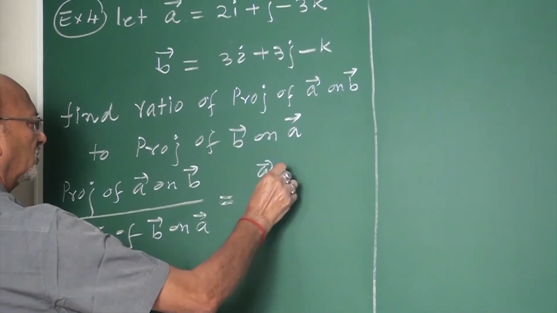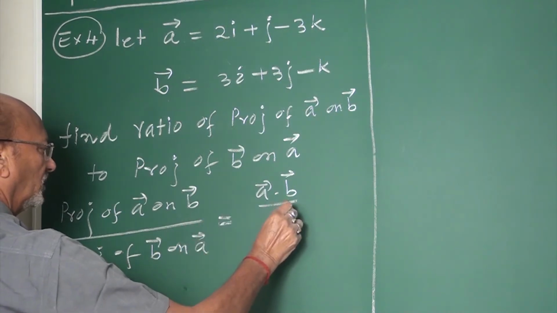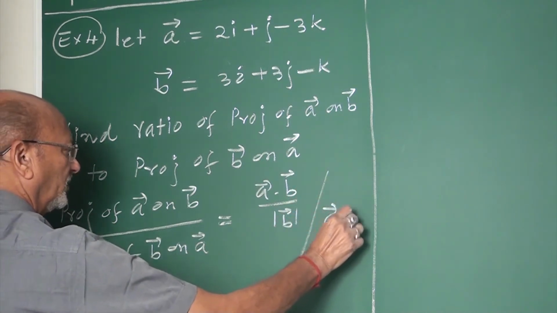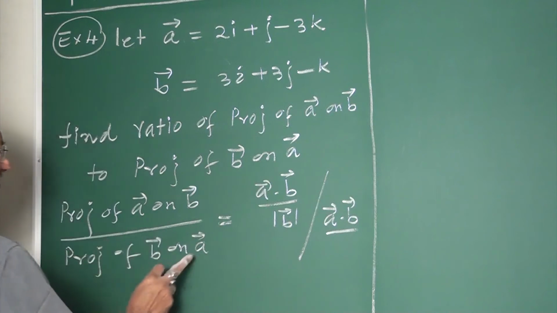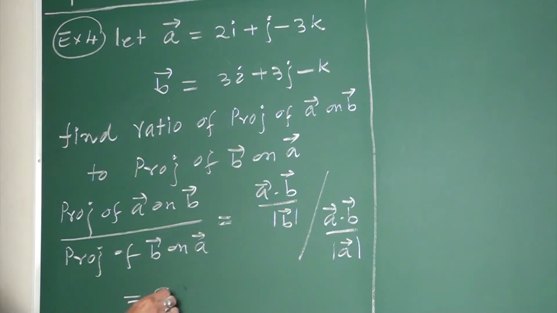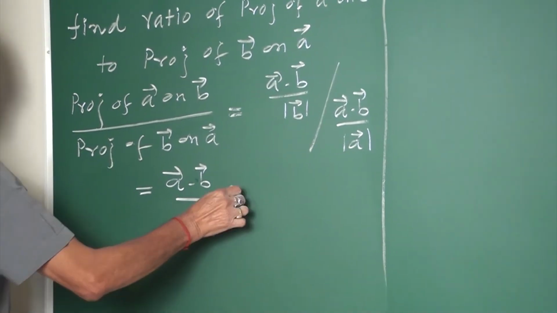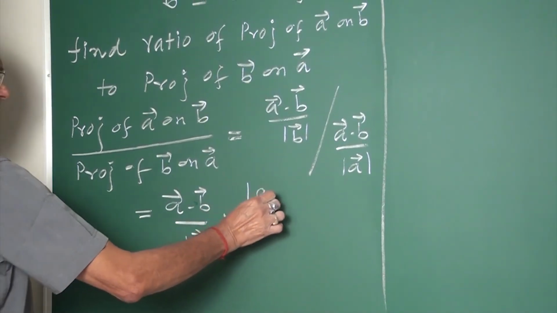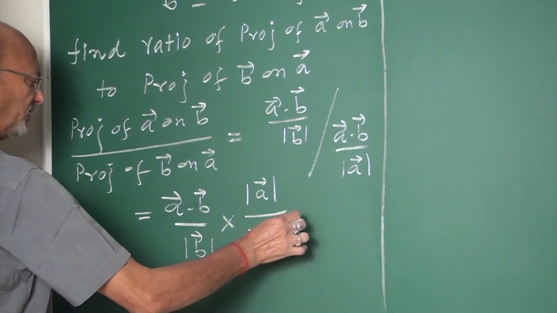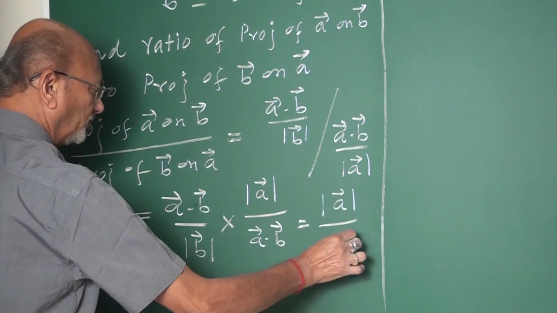It is A dot B upon magnitude of B, upon A dot B upon magnitude of A. I simplify this. It is A dot B upon magnitude of B, times the reciprocal, magnitude of A upon A dot B. Yes, my friend, this gives magnitude of A upon magnitude of B.